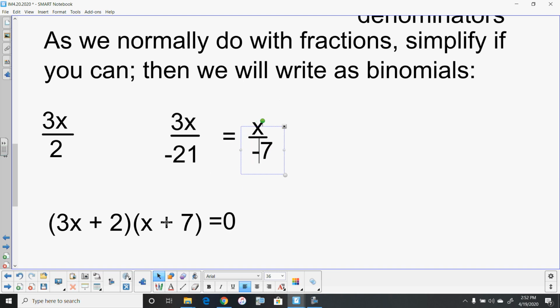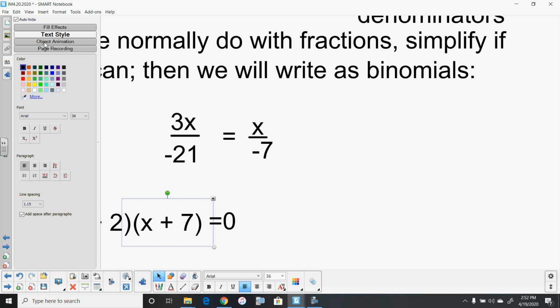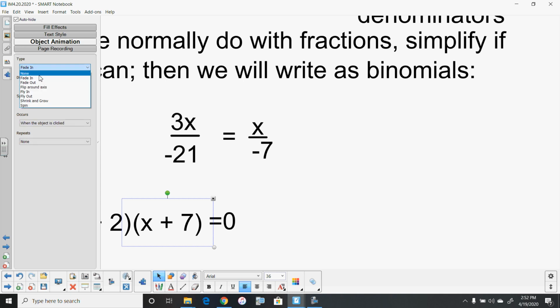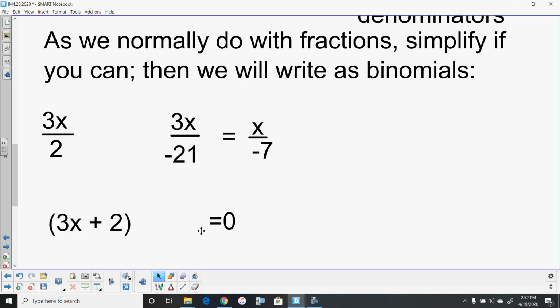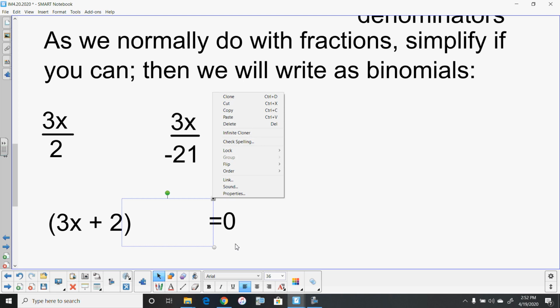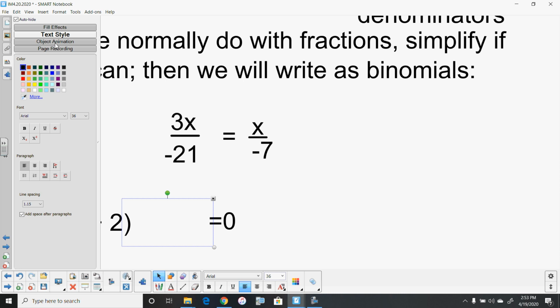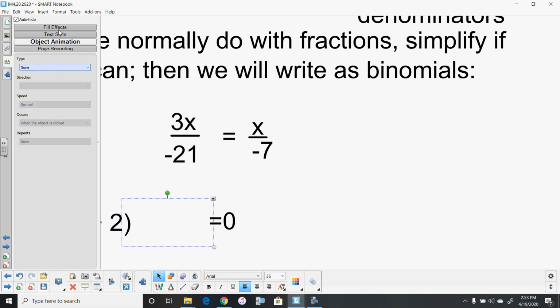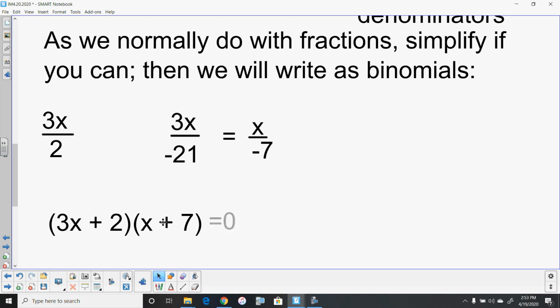Negative 7. Gonna make this binomial x minus 7. Oh man. Takes this long just to fix a couple problems. You can imagine how long created too. Okay. That's gonna be minus.